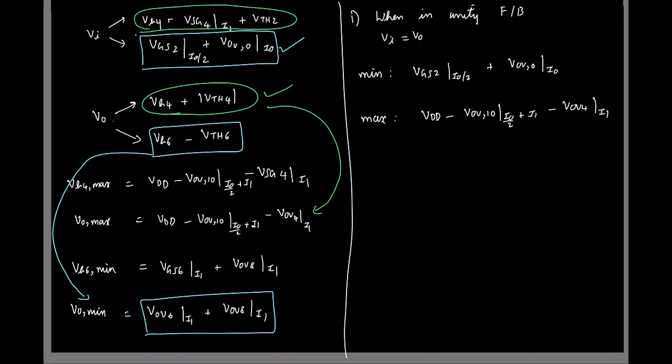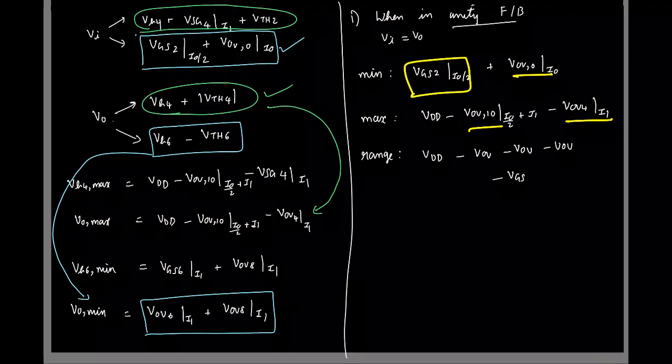So now if you try to find the range of the voltages we can have in unity feedback configuration, I'll take the difference between the maxima and minimum, and that's roughly VDD minus 1 overdrive, 2 overdrive, 3 overdrive. I have 2 overdrives here, 1 more overdrive here, and a VGS here.